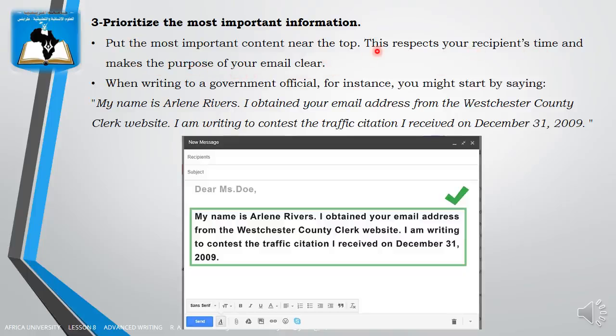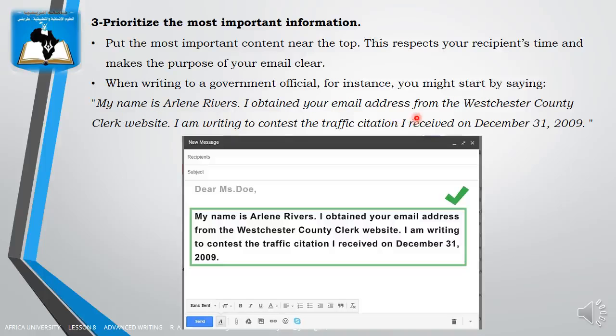So once you have introduced yourself and the general reason you are writing, you can follow up with the body of your email and write down the purpose of your writing. Okay? So when writing to a government official, for instance, you might start by saying, my name is Alan Rivers.